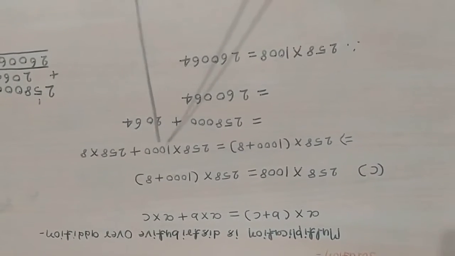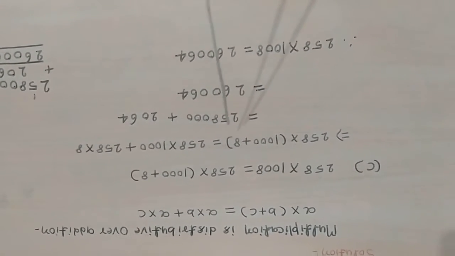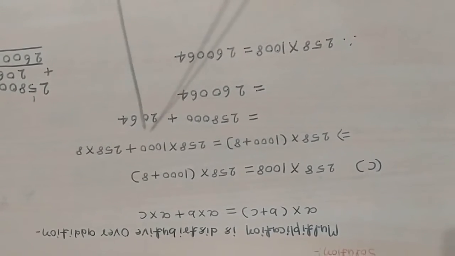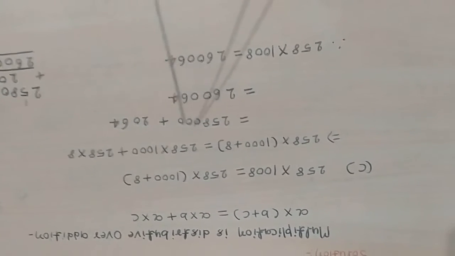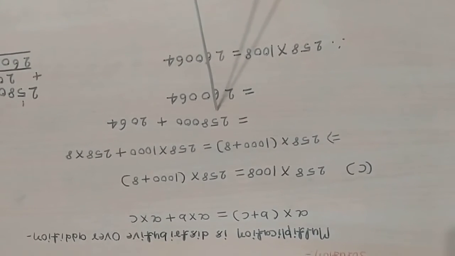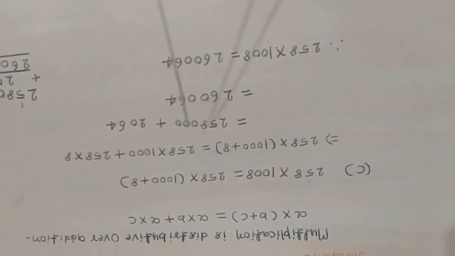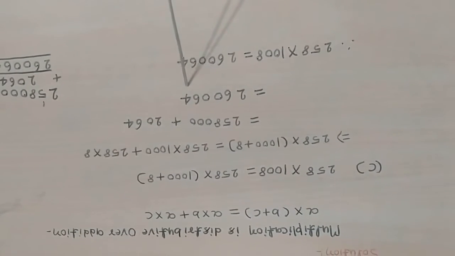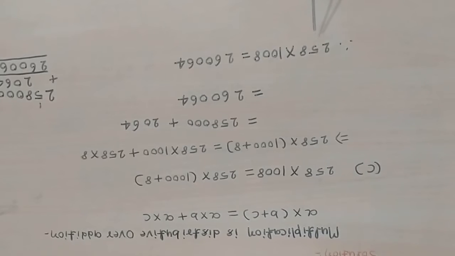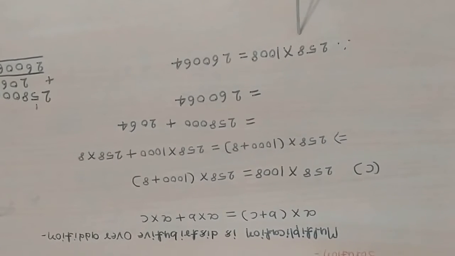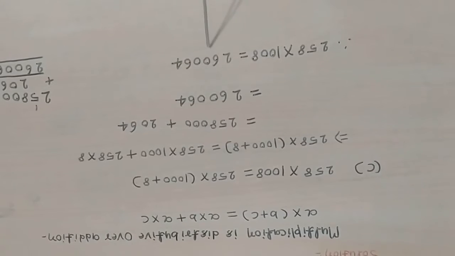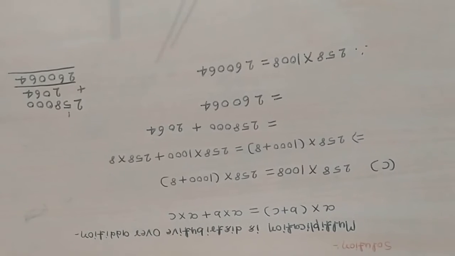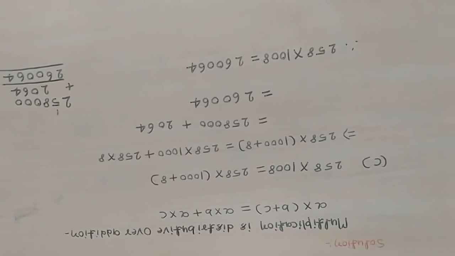So we obtain the product of this into this is 2,58,000 and the product of 258 into 8 is 2064, and the sum of both, 2,58,000 plus 2064, is 2,60,064. So in this way we find the product of 258 into 1008 is equal to 2,60,064.